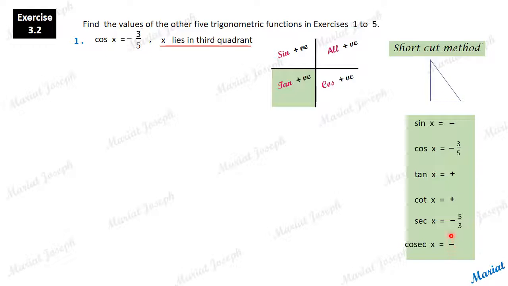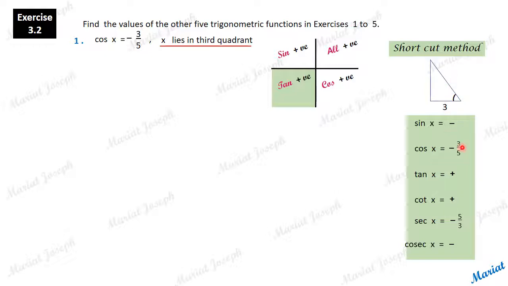As we have already assigned positive or negative signs to all 6 of them, we need to get only the function value part, the numerical part. Taking a right triangle, comparing it with trigonometric ratios, taking one of the angles as theta, the x angle, cos x according to the definition of trigonometric ratios is adjacent side by hypotenuse.